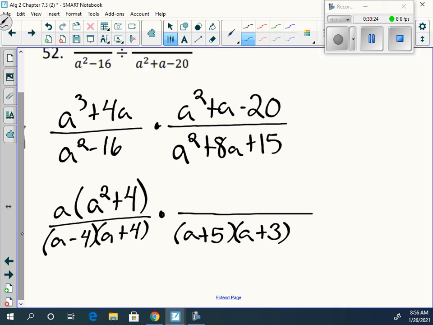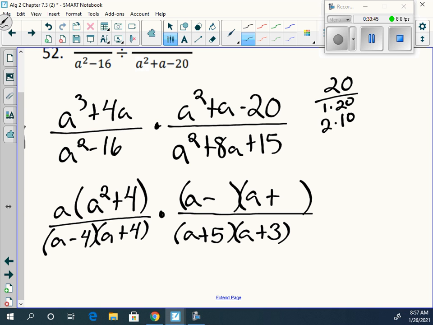Now, the last one we have to look at is a squared plus a minus 20. Well, we know the signs are going to be opposite because of the 20 being negative. Our factors of a squared are a and a, and what would be the factors of 20 we want to use? 1 and 20, 2 and 10, 4 and 5.